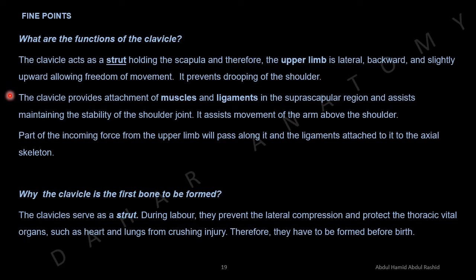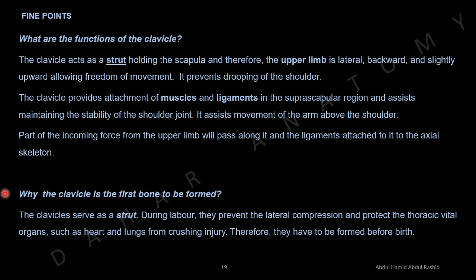The clavicle provides attachments for muscles and ligaments in the suprascapular region and assists in maintaining the stability of the shoulder joint. It also assists the movement of the arm above the shoulder. Part of the incoming force from the upper limb will pass along it and the ligaments attached to it to the axial skeleton.